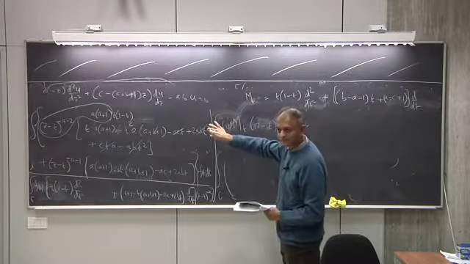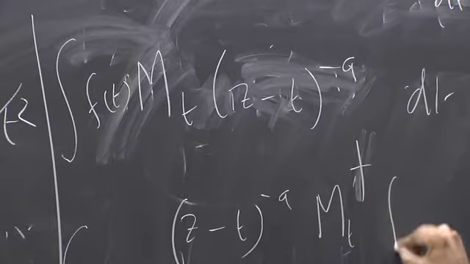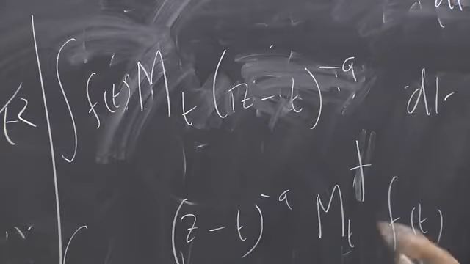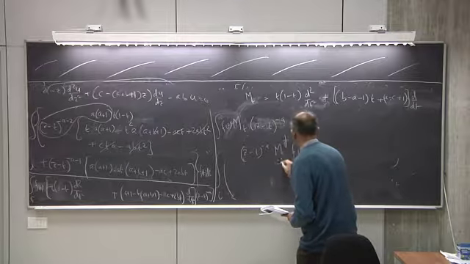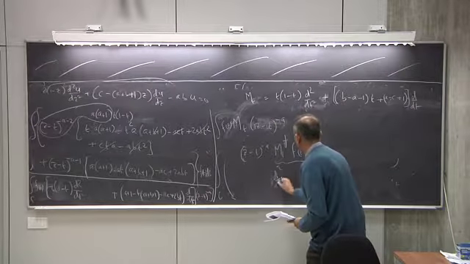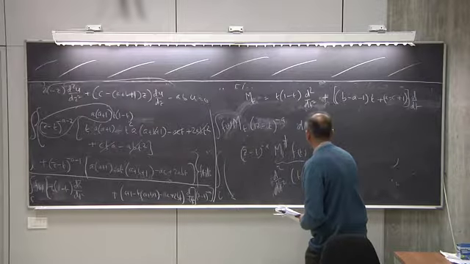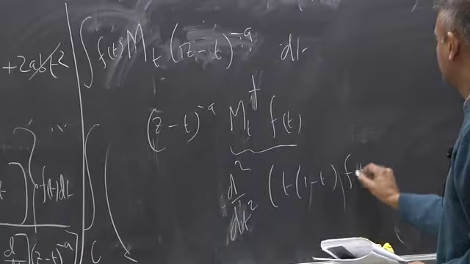So it will become z minus t to the minus a and MT dagger f of t. Of course, in this process there will be boundary terms, but we'll ignore the boundary terms for the moment. And what is MT dagger? It is nothing else but d2 by dt2 of t times 1 minus t times f of t.